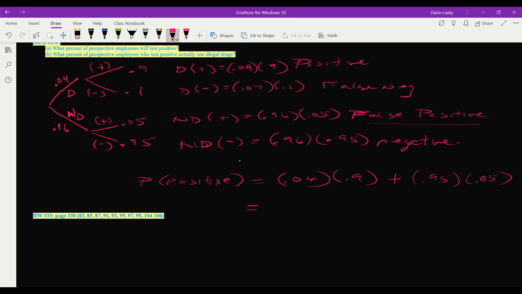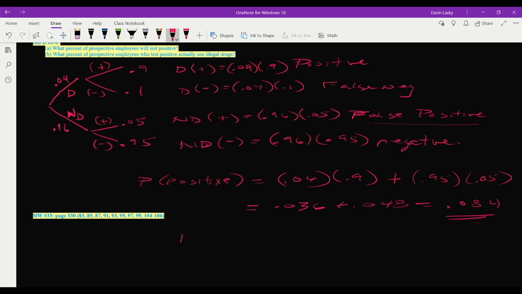So that cleans up to be 0.036 plus 0.048, which comes out to 0.084. So that is the percentage: 8.4% of the people test positive.